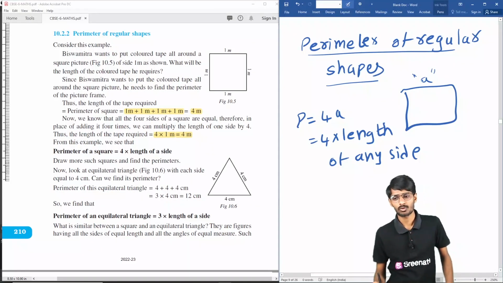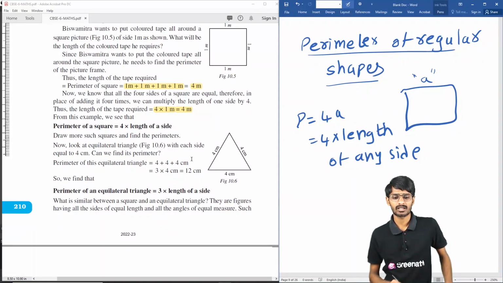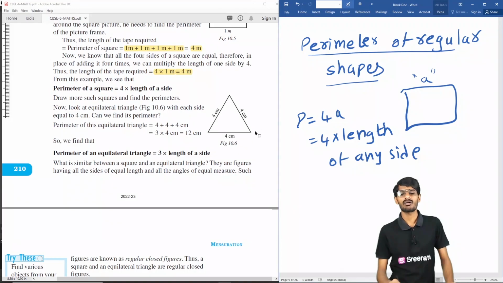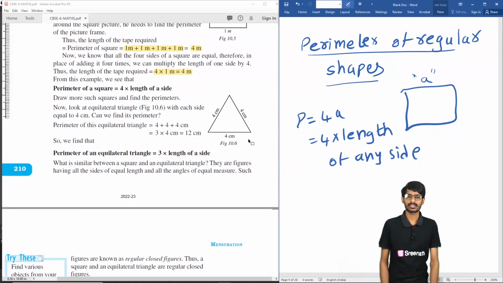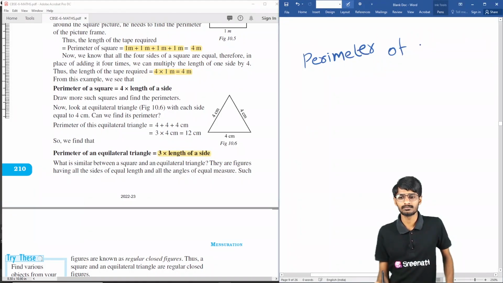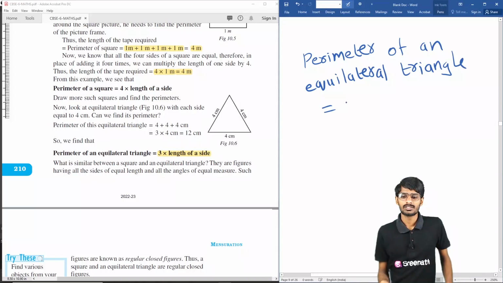Okay students, that is about the square. Now it is the time for the equilateral triangle. So in an equilateral triangle, all sides are equal, the same length. It is having 3 sides. So we can simply say 3 into the length of a side. Perimeter of an equilateral triangle is 3 into the length of any side.